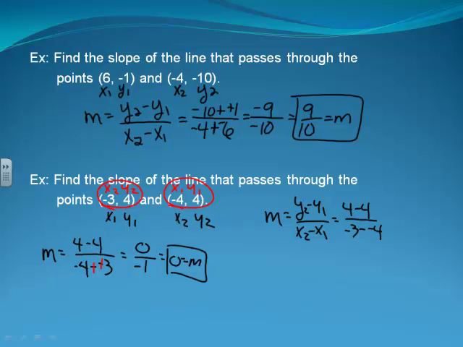Do the math. 4 minus 4 is 0. In your denominator, negative 3 minus a negative 4 is the same as negative 3 plus a positive 4. And negative 3 plus 4 is a positive 1. But as before, 0 divided by anything is 0. And so you do get the same slope regardless of which point you let be x1, y1 and which you let be x2, y2.